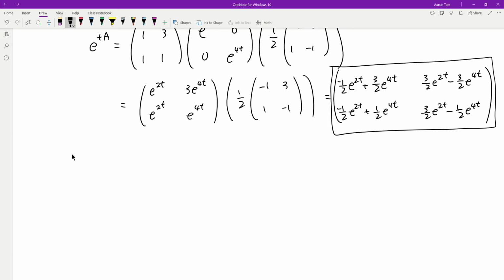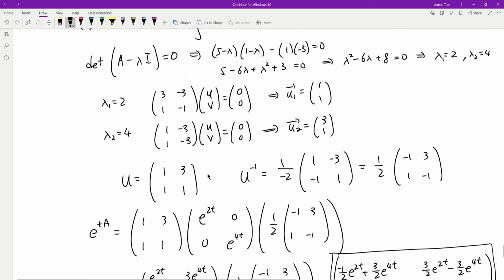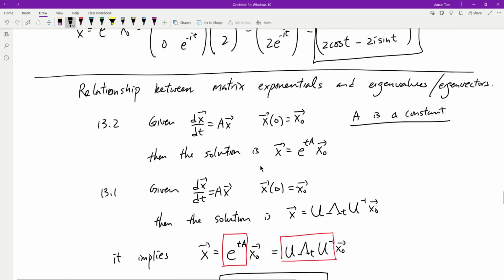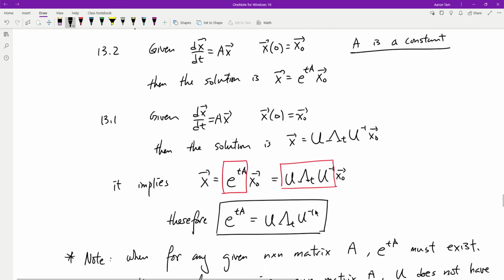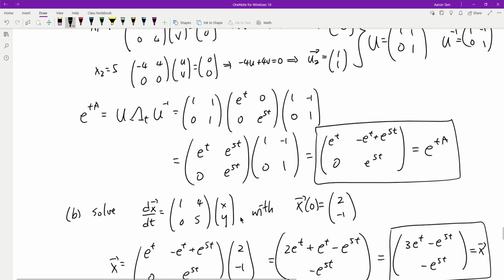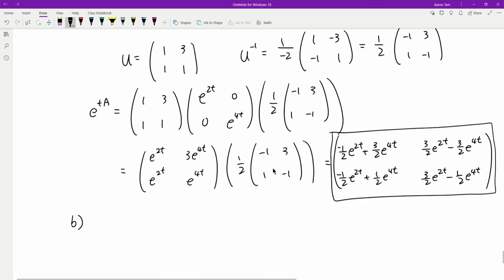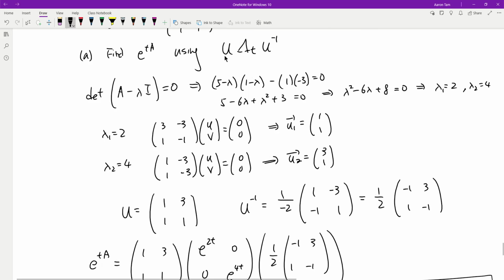So now we can actually try to use this to help us find the solution. And if you think about it, isn't it the same thing that we did in 13.1 once I introduced you to this formula right here? Yes, it is exactly the same thing. We are actually not doing anything different other than calling this three-thing product and giving it a name called e to the tA.